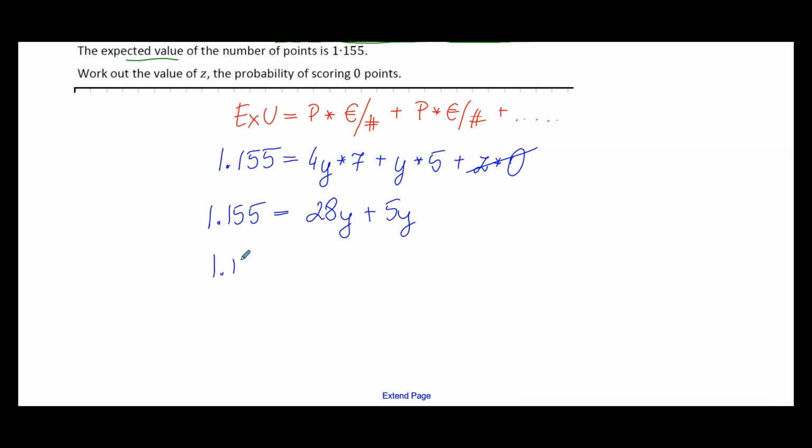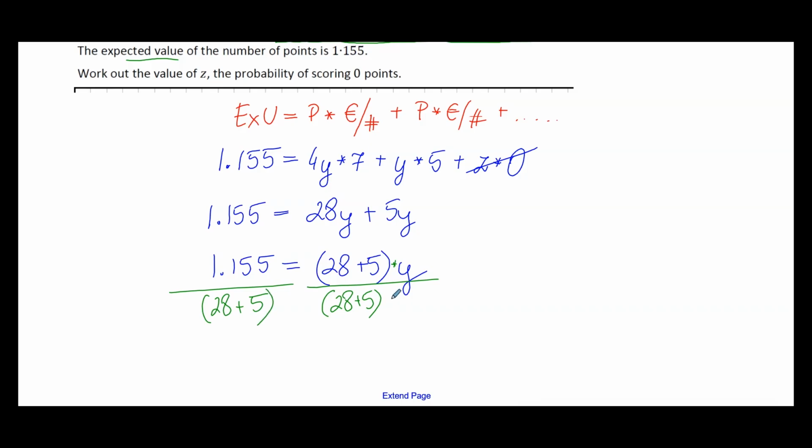So together, 28 and 5, we put that in the calculator, add it up, and we have a number that stands beside y. And since we want y on its own, not y multiplied by a value, we divide both sides by 28 plus 5.